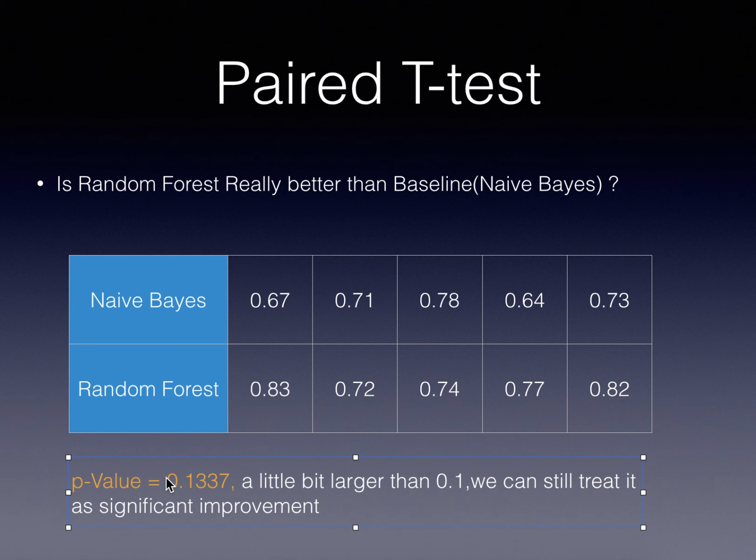And actually, we can say that one algorithm is significantly better than another if the p-value is smaller than 0.1. And here I get a p-value just a little larger than 0.1. So we can still treat it as a significant improvement here, so I will choose the random forest as my final algorithm.